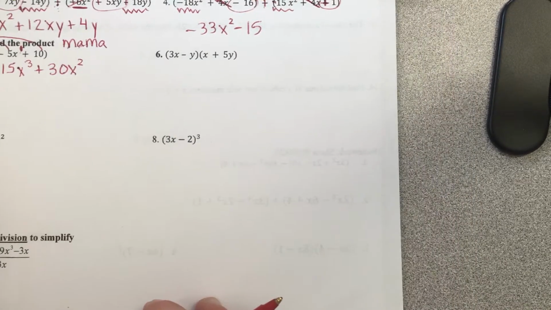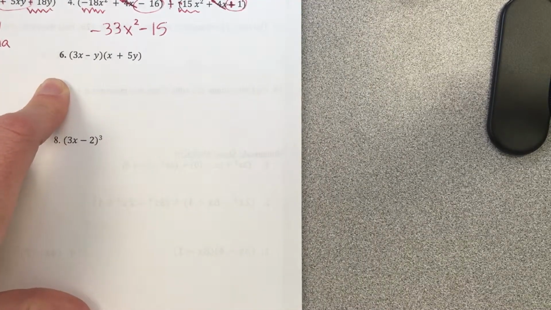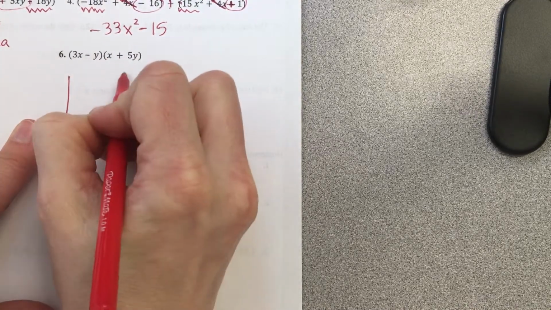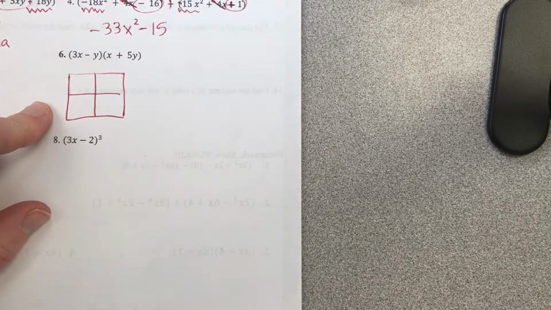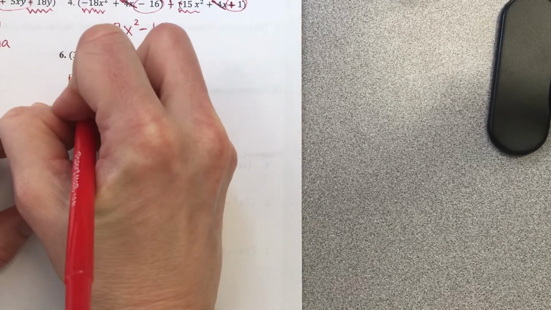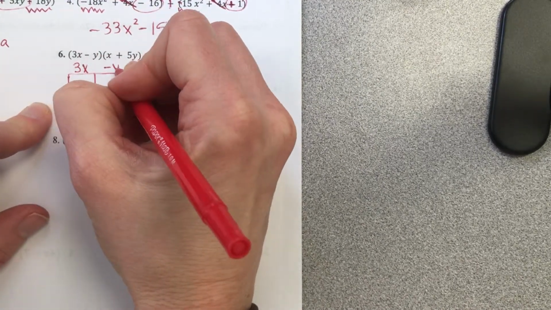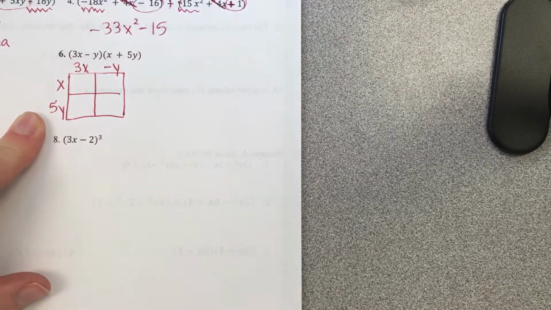All right. Number 6. You learned 2 different ways to do it depending on who your teacher was. I'm going to do 2 different ways. One way is the box. 3x goes here, negative y. So 3x here, negative y there. And then x is here and 5y is there.